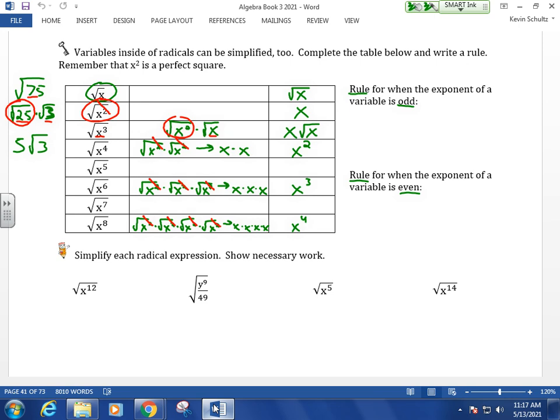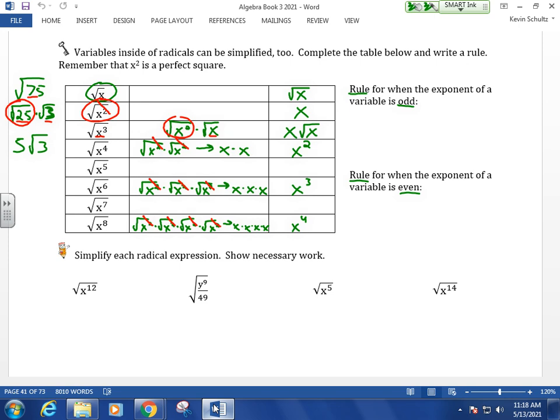Like I said, our goal here is to find a rule for what to do when the exponent on our variable is even. Do you see any patterns developing? Josh? Right. When you have an even power on your variable, it's going to be that power divided by 2.